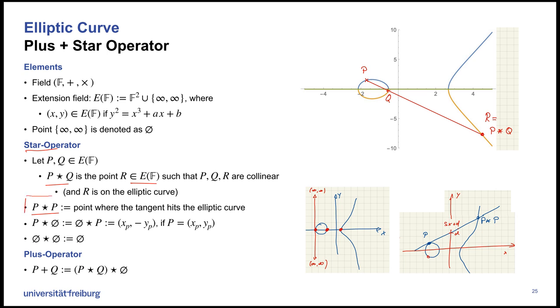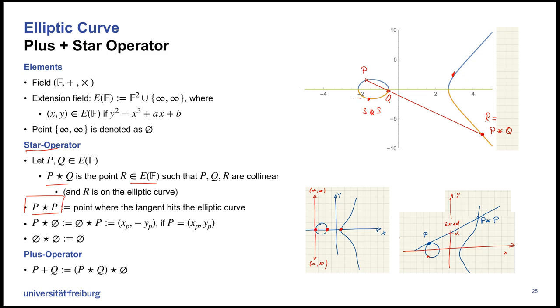However, we could have that P star P happens. So what happens if I have an element here, let's say an element S, and I want to have S star S?